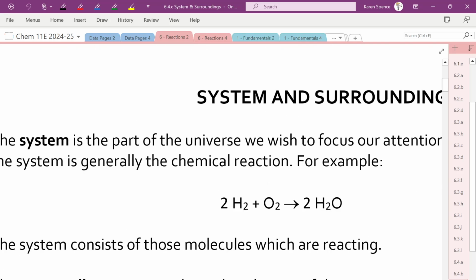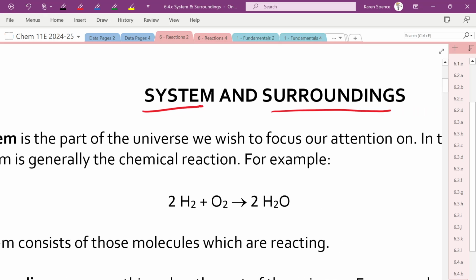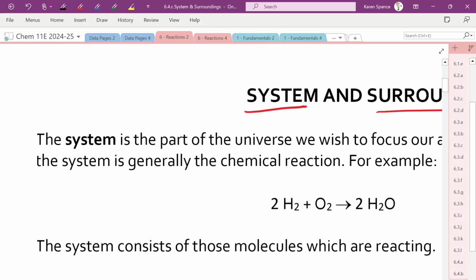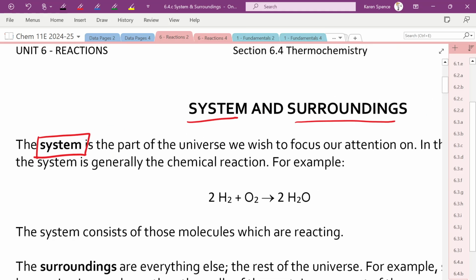Okay, so the words system and surroundings are chemical terms. These are specific vocabulary for chemistry. When we talk about a system, that is the part of the universe we want to focus our attention on.